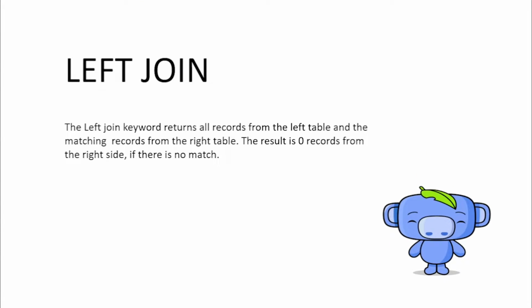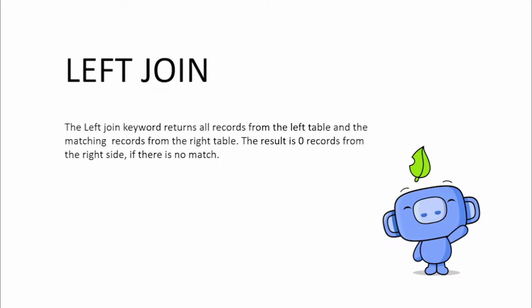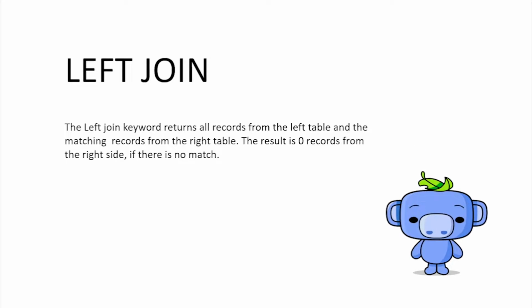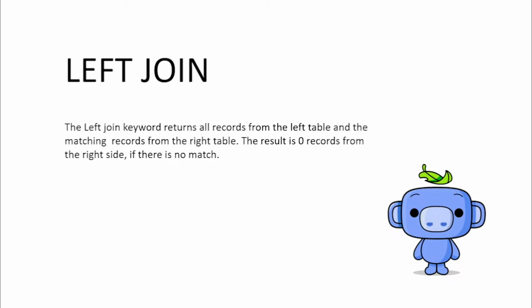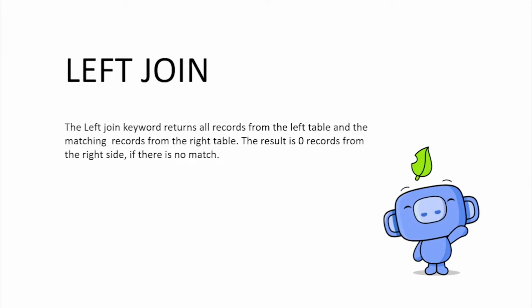Left join. The left join keyword returns all records from the left table and the matching records from the right table. The result is zero records from the right side if there is no match with the right table.